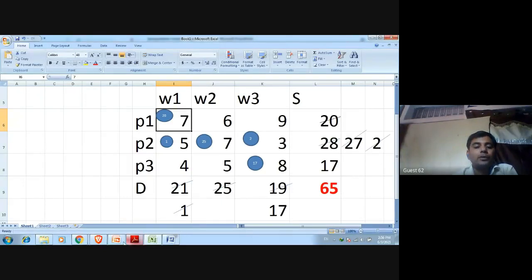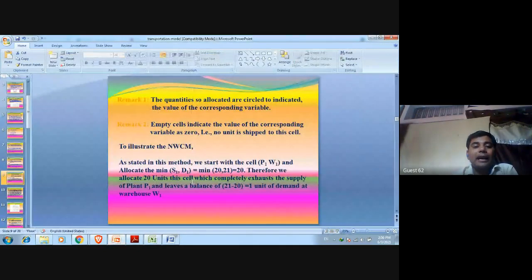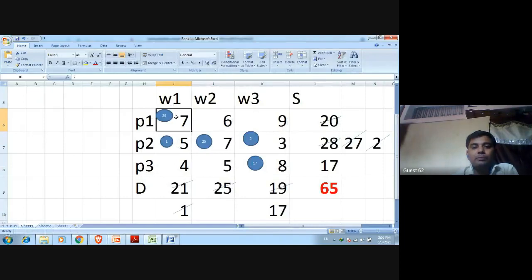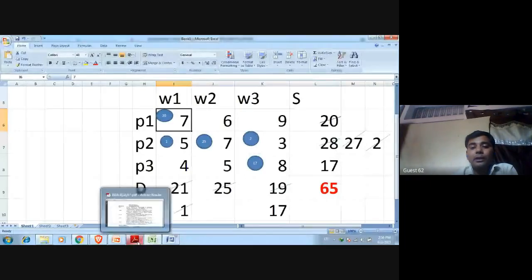Okay. Now, as stated in this method, we start with the cell P1W1. Which one is P1W1? That is the first one. This is P1W1. This is P1W2. This is P1W3. P2W1. P2W2. P2W3. P3W1. P3W2. P3W3. Okay. So these are the allocations.